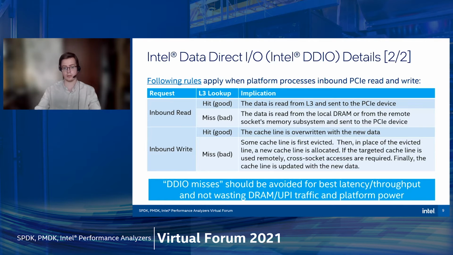I will show how to do that. And just be aware that misses induce DRAM traffic and UPI traffic, and eventually it also wastes platform power. So if you look not only at the throughput, but also at latency and DRAM and UPI traffic, it is better to have as many hits as possible.